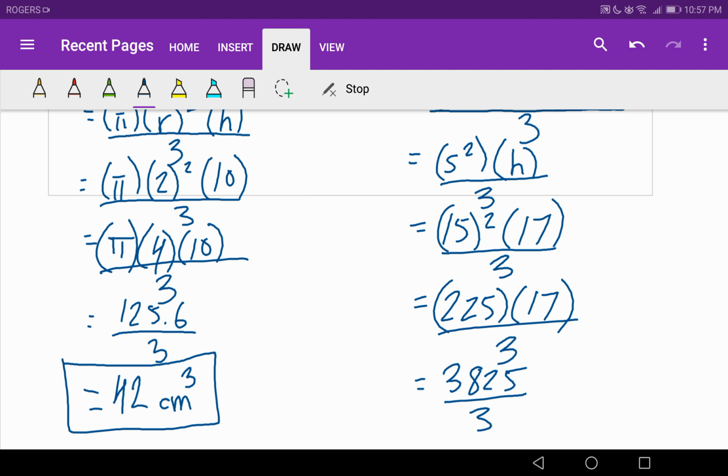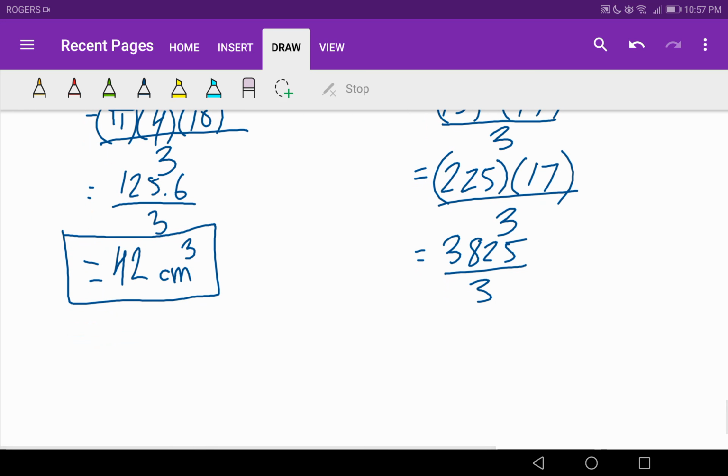And divide by 3. Final answer, 1275, and we're dealing with centimeters cubed.